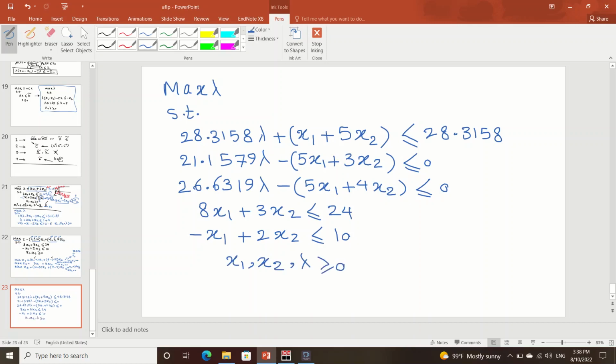This is the crisp model, and it is ready to solve. Okay, we will continue our discussion in the next session for two other examples, for two other states.